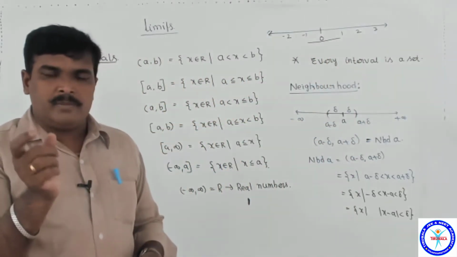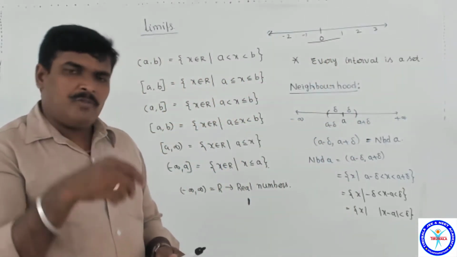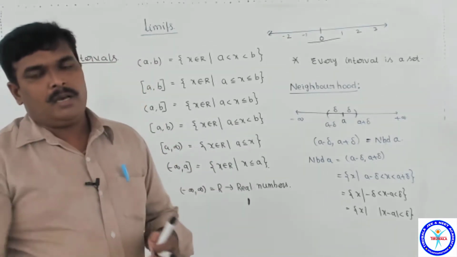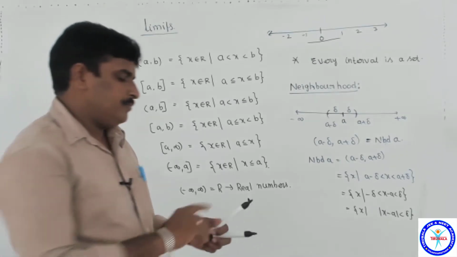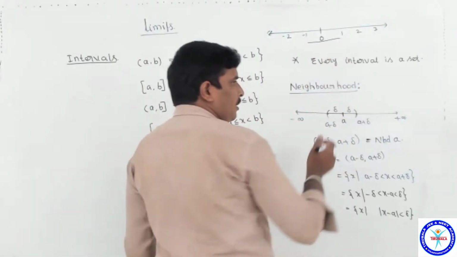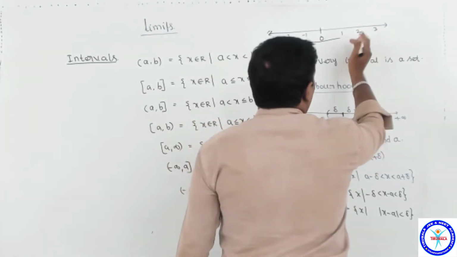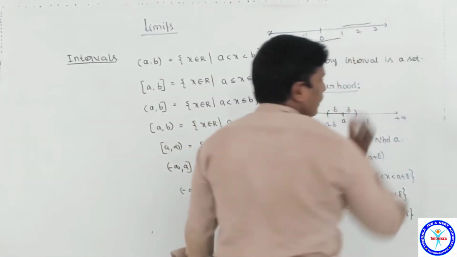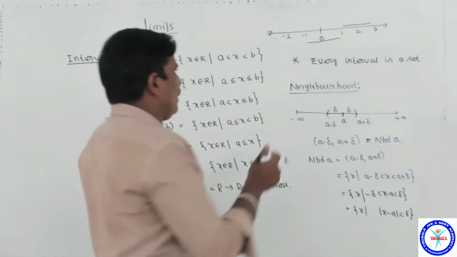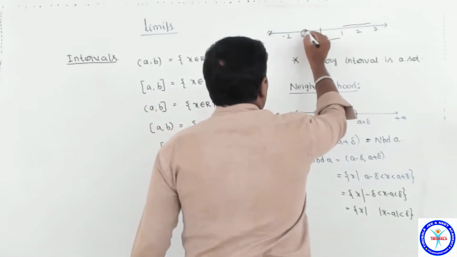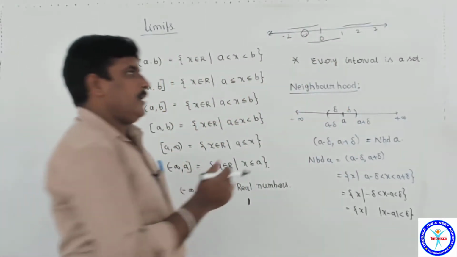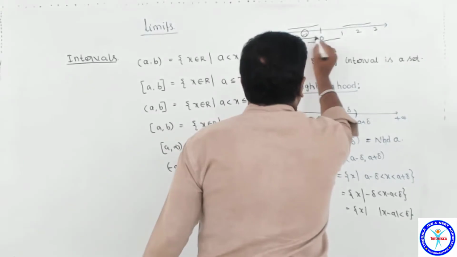If you take any element, neighborhood of any element always lies between the before element and next element. Okay, so it's called successor and predecessor. And also neighborhood of 2 always lies between 1 and 3. At the same time, neighborhood of minus 1 always lies between minus 2 and 0. And these are the neighborhood points.